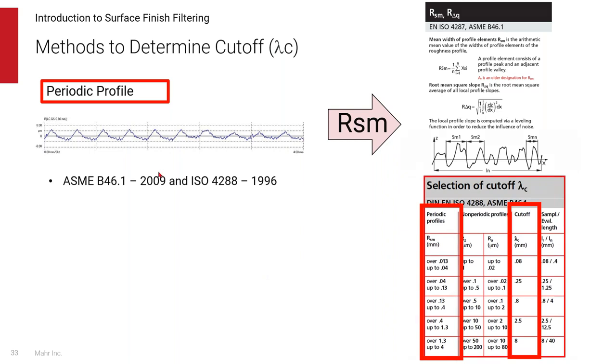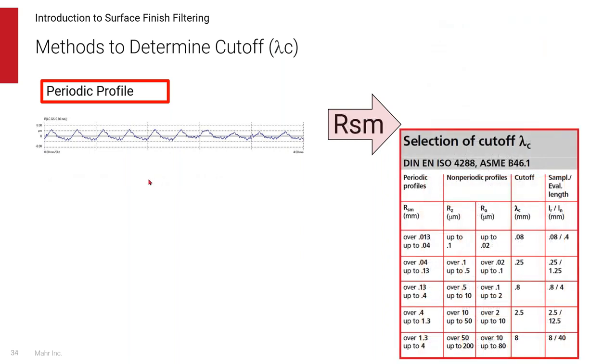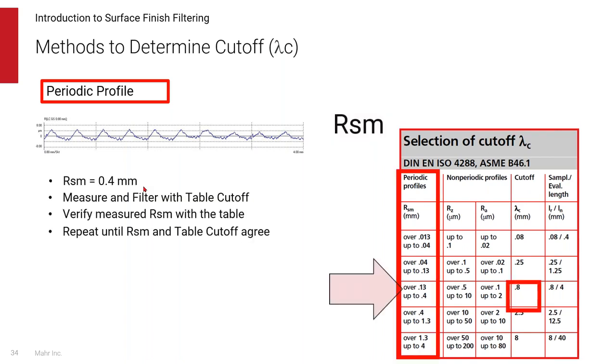So you can see again this profile. We looked at RSM, we measured it. It came out to 0.4 millimeters. We can go to our chart, where our chart says what's the RSM value. It's up to 4, so that we should select 0.8 as our cutoff value.